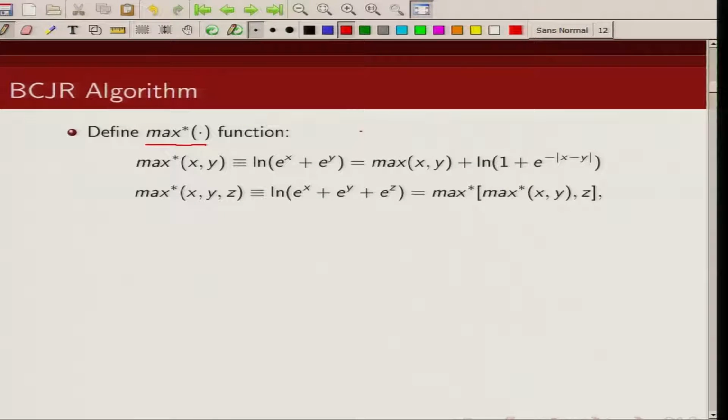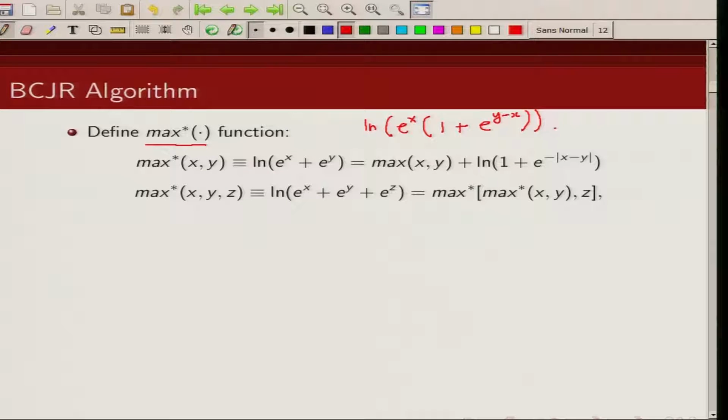This can be written as log of e to the power x times (1 plus e to the power y minus x), correct?